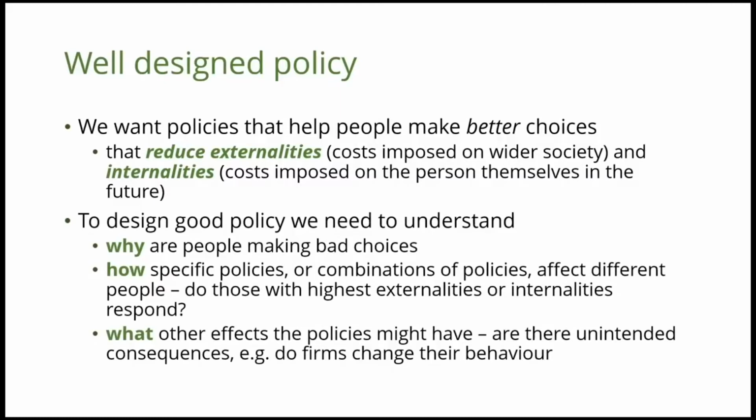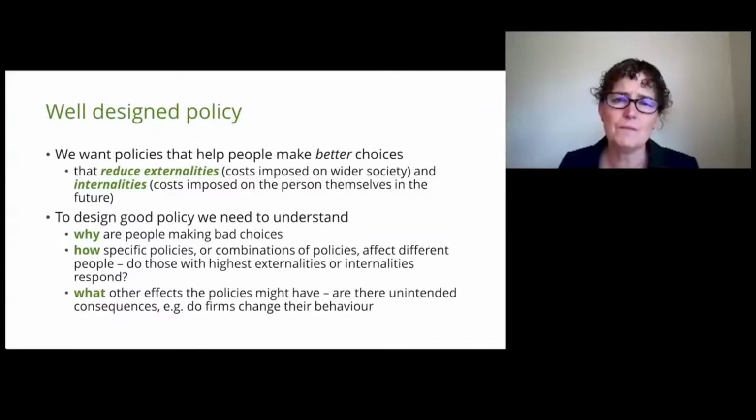And we've talked a little bit about some of the reasons why people may be making bad food choices. So now I want to talk about how specific policies, or combinations of policies, affect different people. Do those with the highest externalities or internalities respond? And what might be some of the unintended consequences, particularly in terms of firm strategic behaviors?